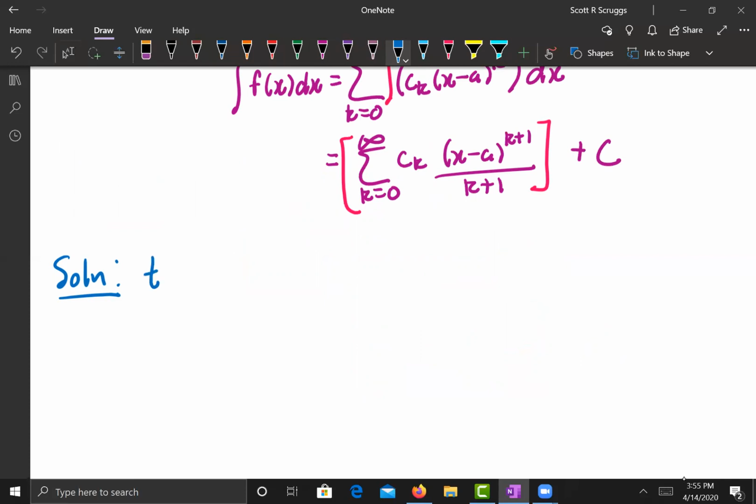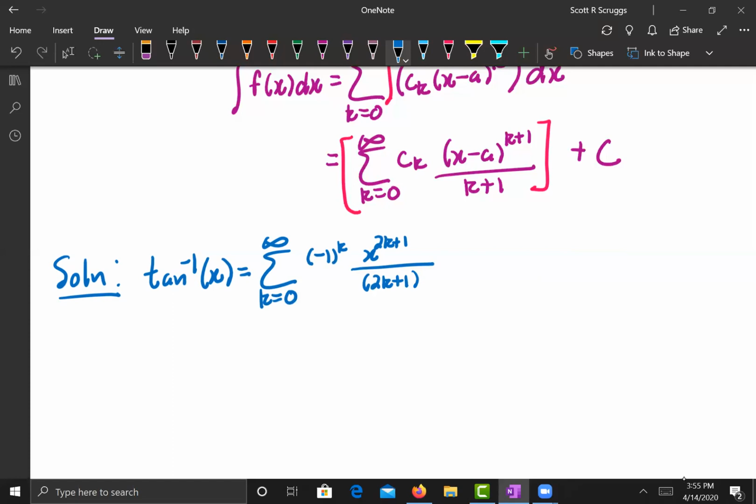So, as we know from the previous example, arctan has the Maclaurin series of (-1)^k x^(2k+1) over 2k+1 with no factorial.